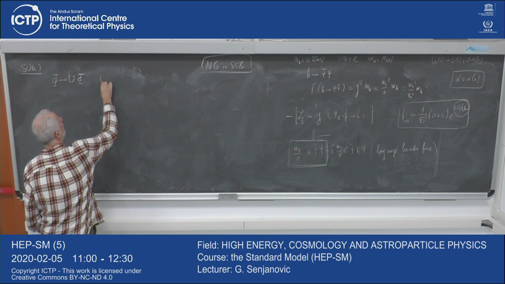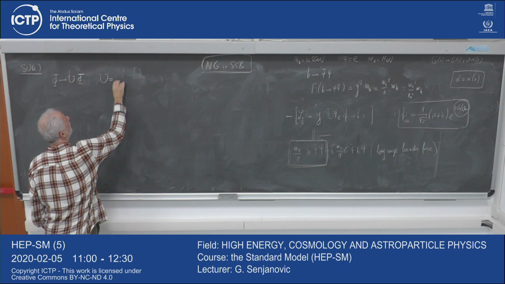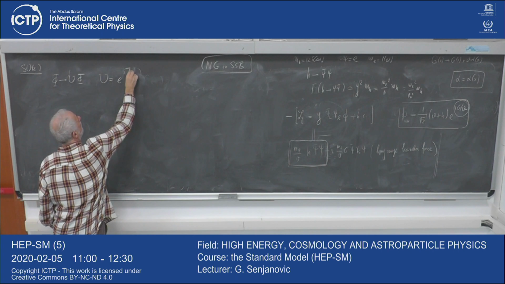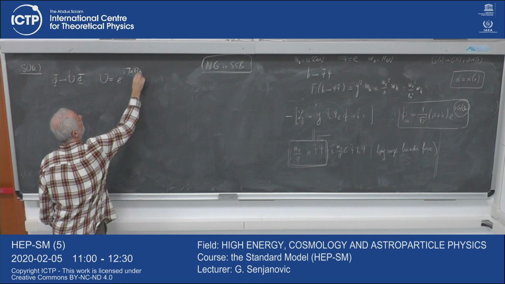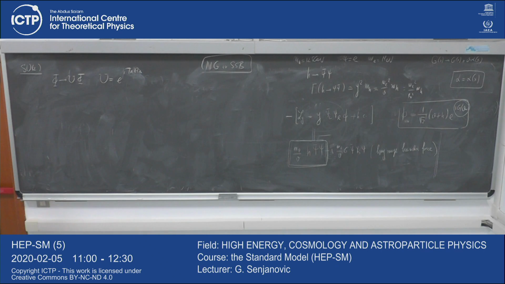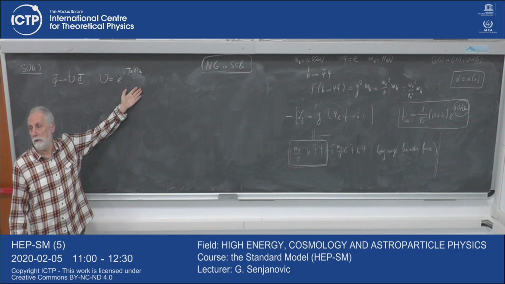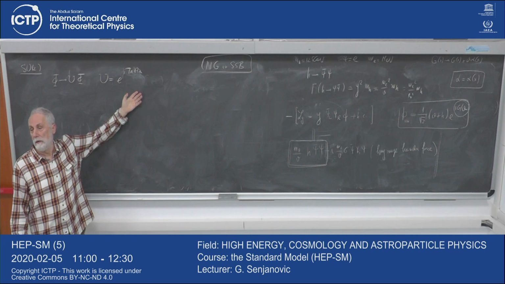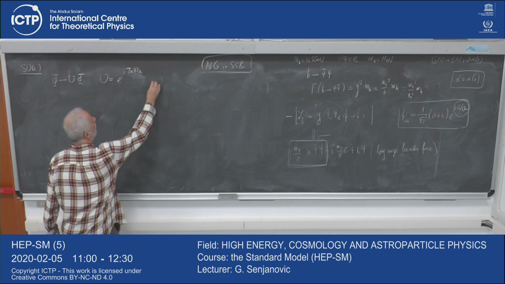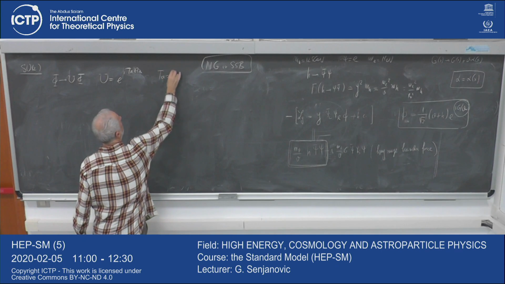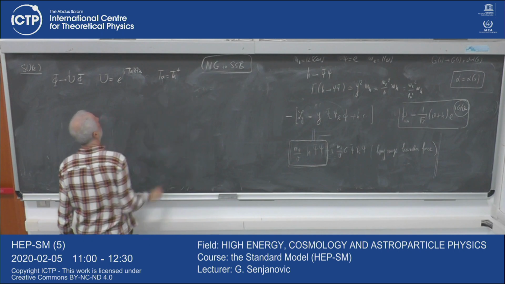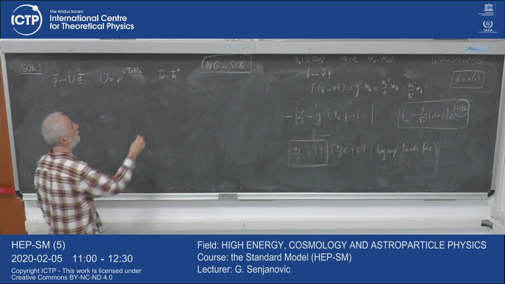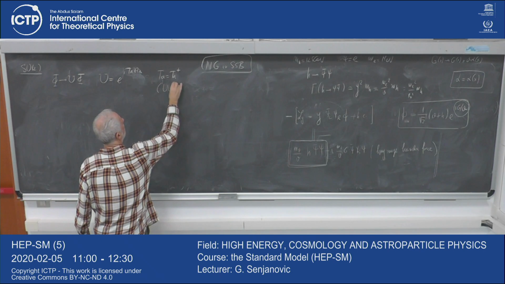where U is e to the I Ta beta A. By the way, I can immediately generalize this to SUN. You agree U is unitary, so I can write this e to the I Hermitian. So what I'm saying is that Ta is equal to Ta dagger because U is unitary. This is equivalent to UU dagger is 1.